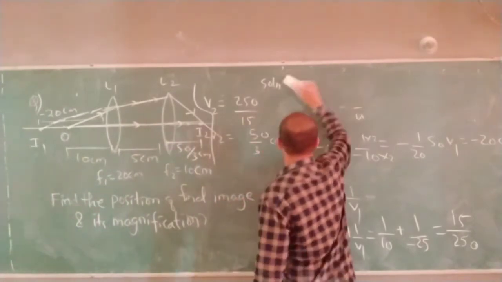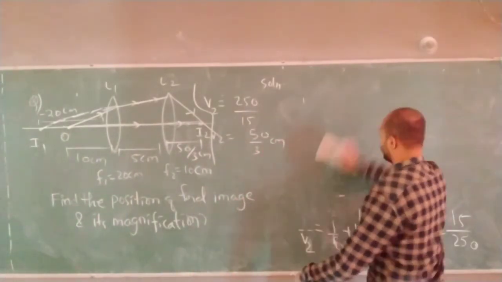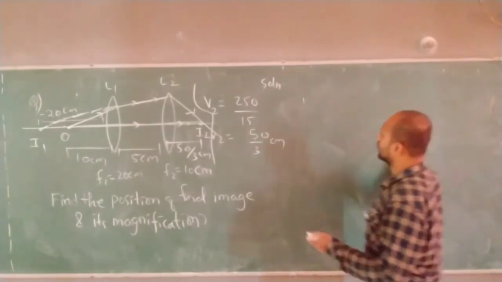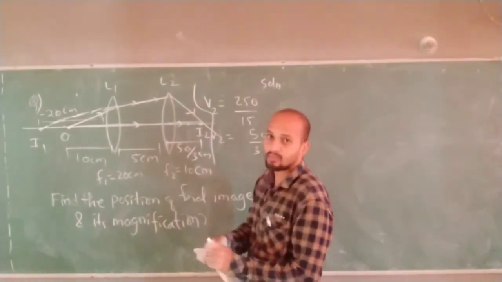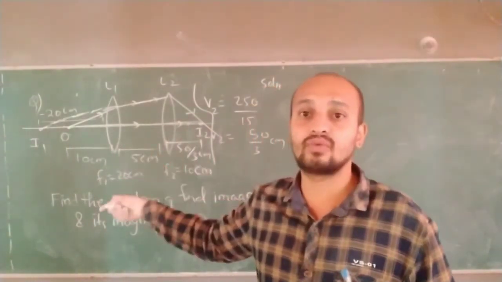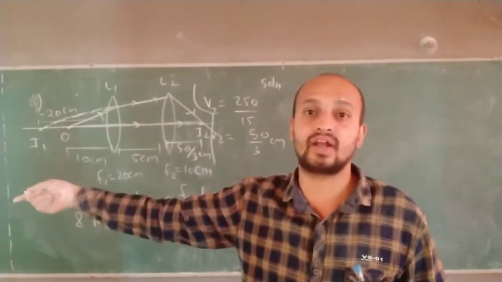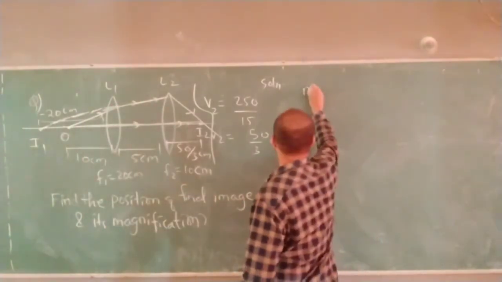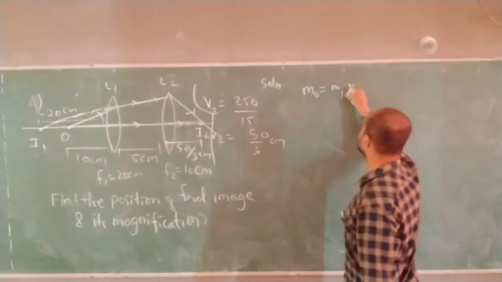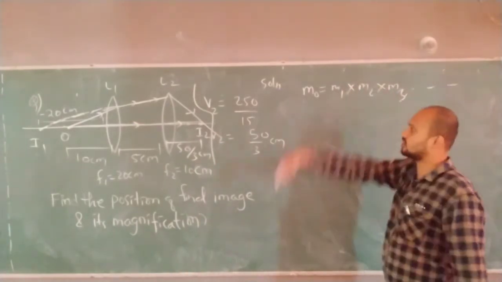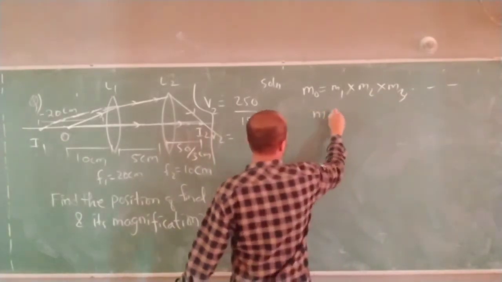To find the overall magnification, as I told you in a certain numerical, for the total magnification of these types of combinations of lenses or mirrors, when one image acts as an object to the next component, the overall magnification is given by M1 into M2 into M3 and so on. Find M1 in this case.